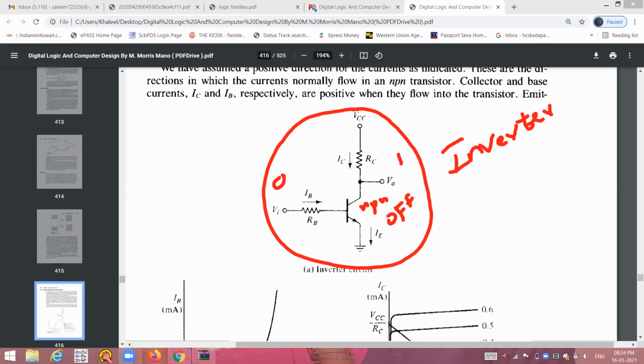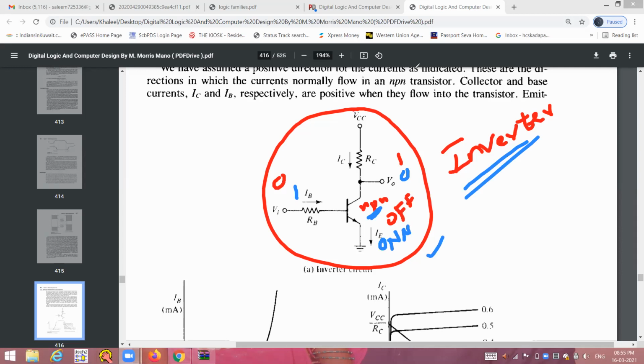If you apply the input as 1, then this NPN transistor turns on, then the output will be 0. That means it is the basic inverter. Is it clear? This is a very important circuit I am going to use in the entire logic families.